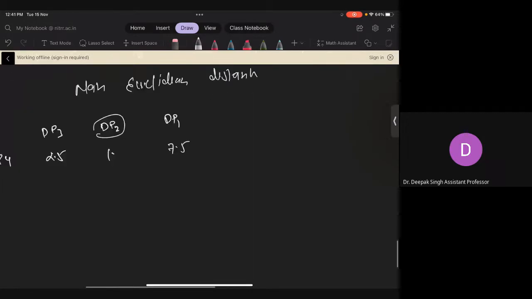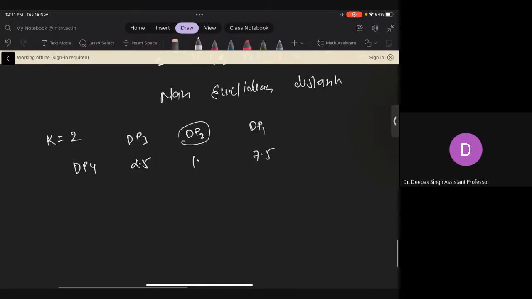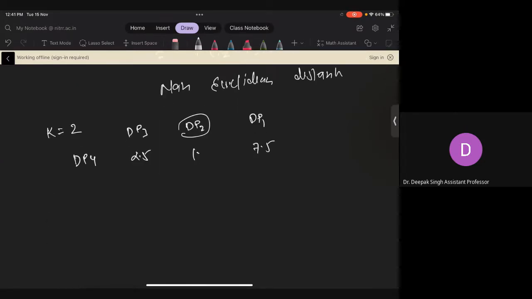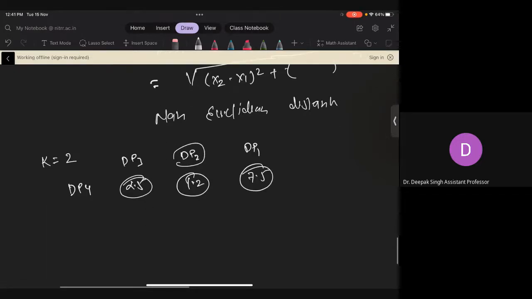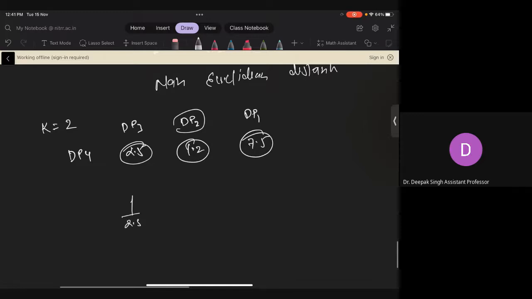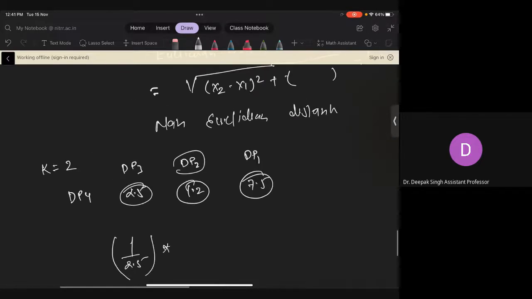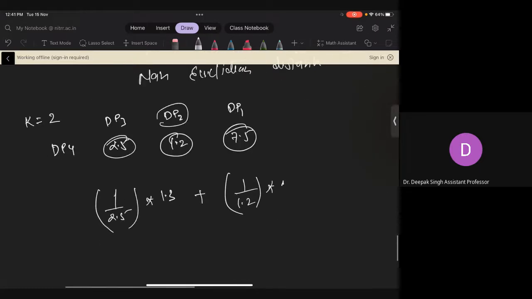Now in some cases this could also be modified: instead of the plain average over the k values, you can also take a weighted average. How? You got dp2, dp1 and dp3, and this is the distance, right? Take 1.2. When dp3 and dp2 are closer, you can also apply a weighted distance formula: 1 by 2.5, that is the distance, multiplied by the value, dp2's 1.3, plus 1 divided by 1.2 multiplied by 0.7, divided by 2.